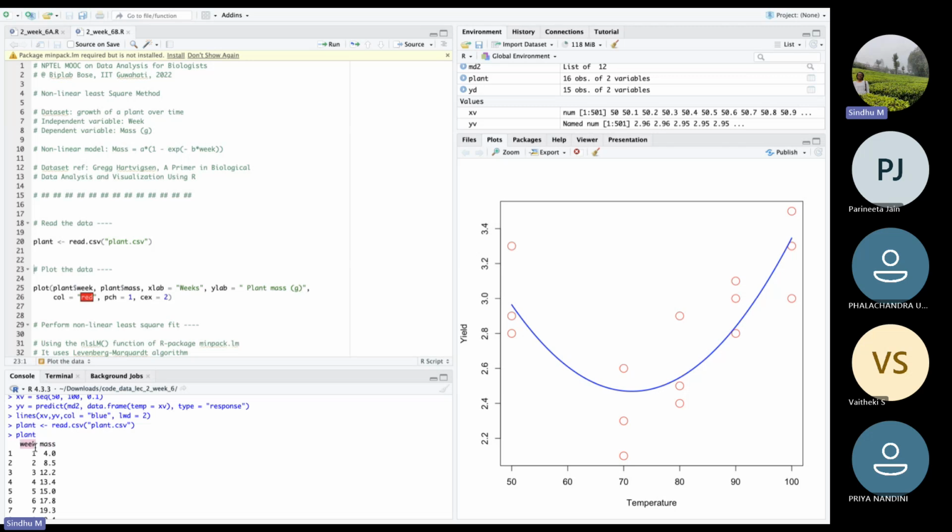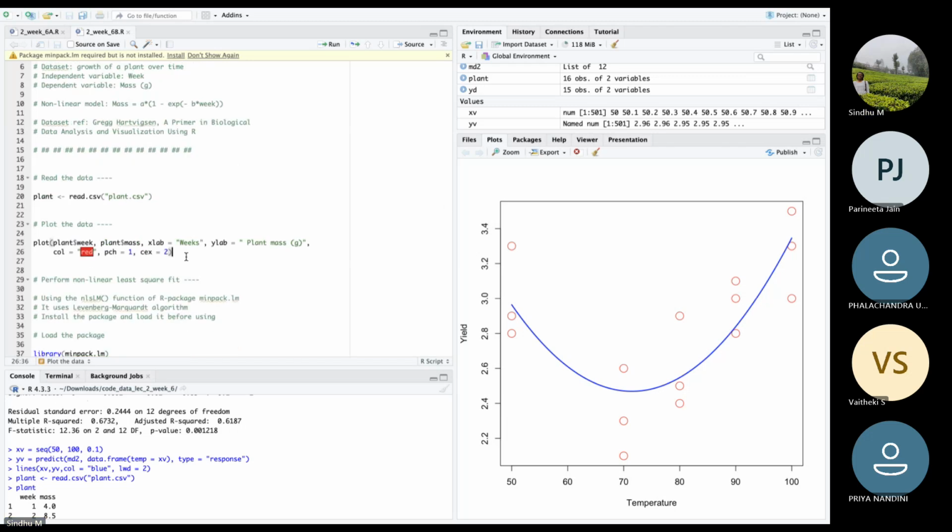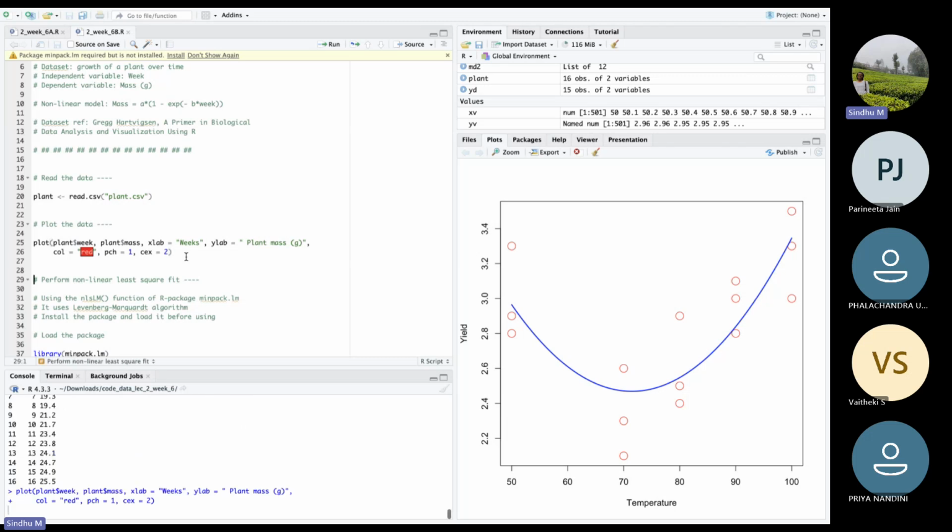So at 1 week, the input data is 4 and so on. Now we have to predict. Suppose somebody is telling you that the plant is 5 weeks old, you have to predict what would be its mass. So now first let's plot the data and make a guess about which distribution would fit it.